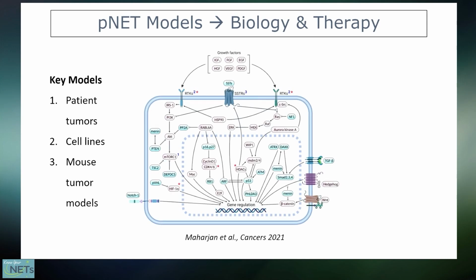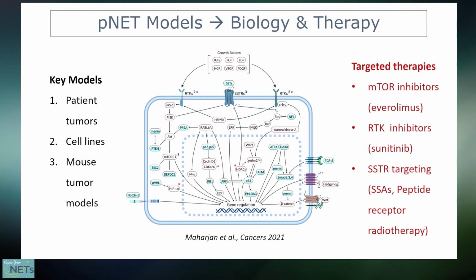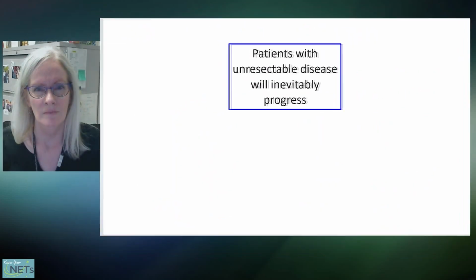Those newer treatment options are due to a greater understanding of PNET biology and molecular phenotype, as shown in this review diagram that highlights a variety of activated or inhibited pathways that are seen in patient tumors. And the more that we understand about the biology, the better we are at developing new therapies that are specifically targeted against PNETs, like those that target activated mTOR kinase, or those that are targeted against cell surface receptors, the somatostatin tumor receptors.